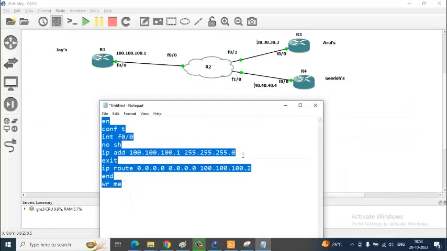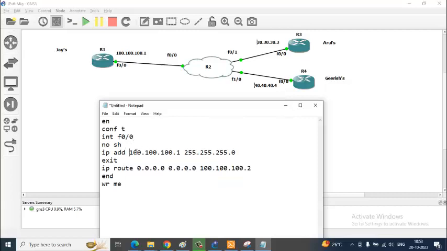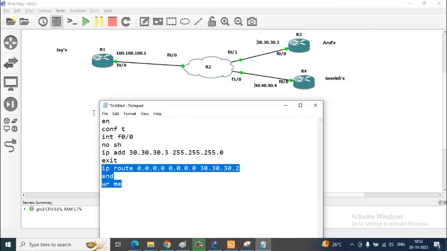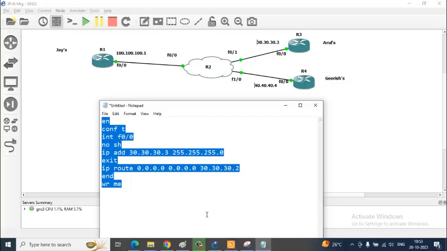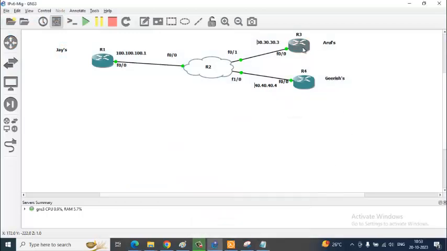And thank God for this wonderful server. Server is very good. Let us do router 3. Router 3 configuration is 30.30.33, and this is going to be 30.30.32. Now this will go on router 3.